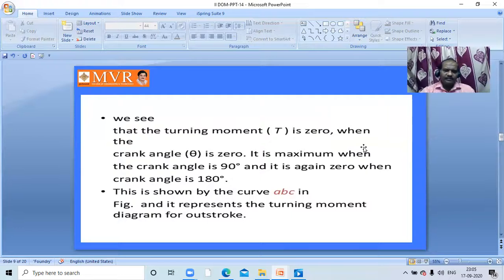So we see that the turning moment T is 0 when the crank angle theta is 0 degrees. It is maximum when the crank is at 90 degrees, and again 0 when the crank angle is 180 degrees. This is shown by the curve ABC in the figure, and it represents the turning moment diagram for the outstroke.